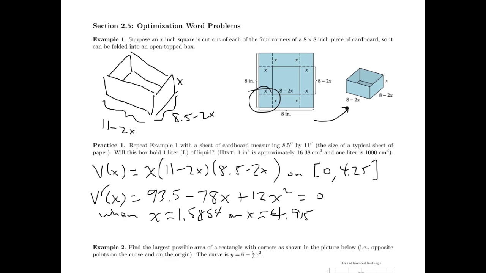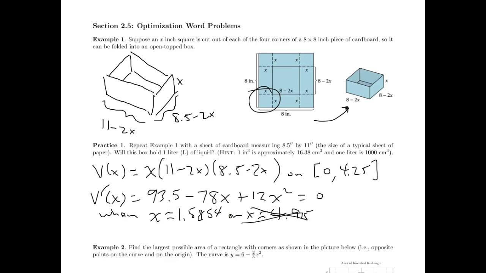But anyway, we don't care about this one. We only care about ones that are reasonable values of x. That's why we write this interval down in the first place. x being 4.9 doesn't make any sense. We wouldn't be able to complete this picture if x is 4.9. But 1.5854 definitely does. And so this is going to be the place where we have our maximum.